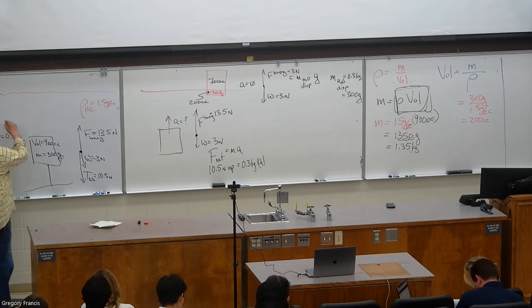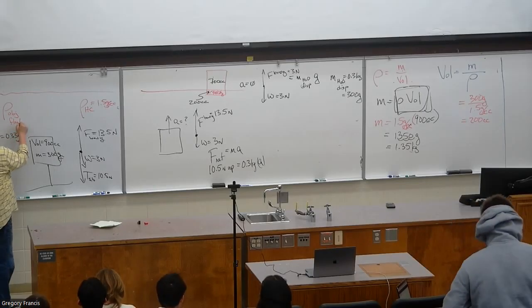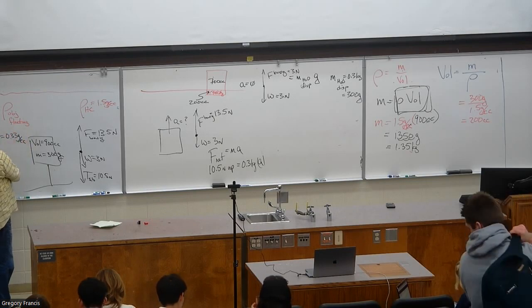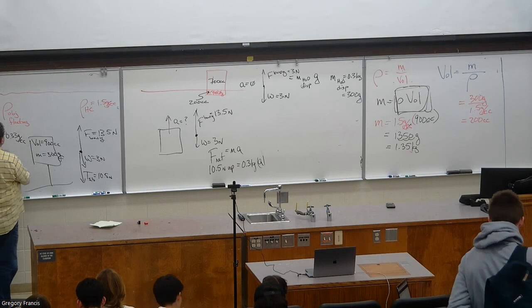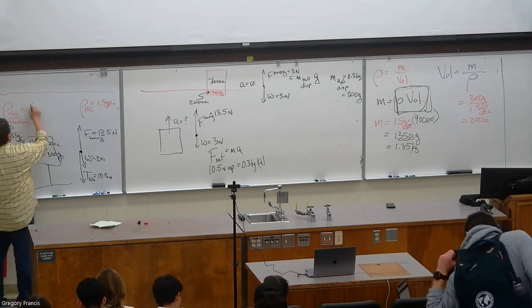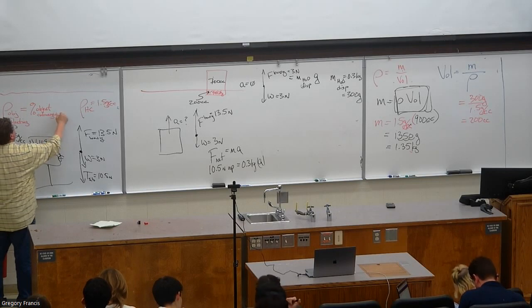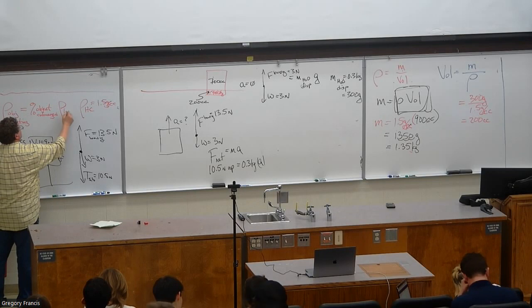So the density of the object that's floating is equal to the percent of the object submerged of the liquid it's floating in.